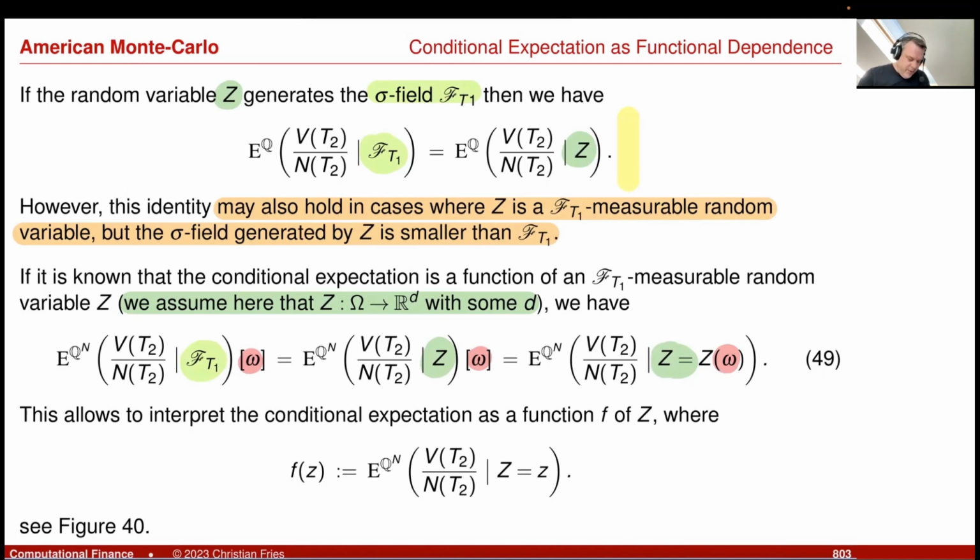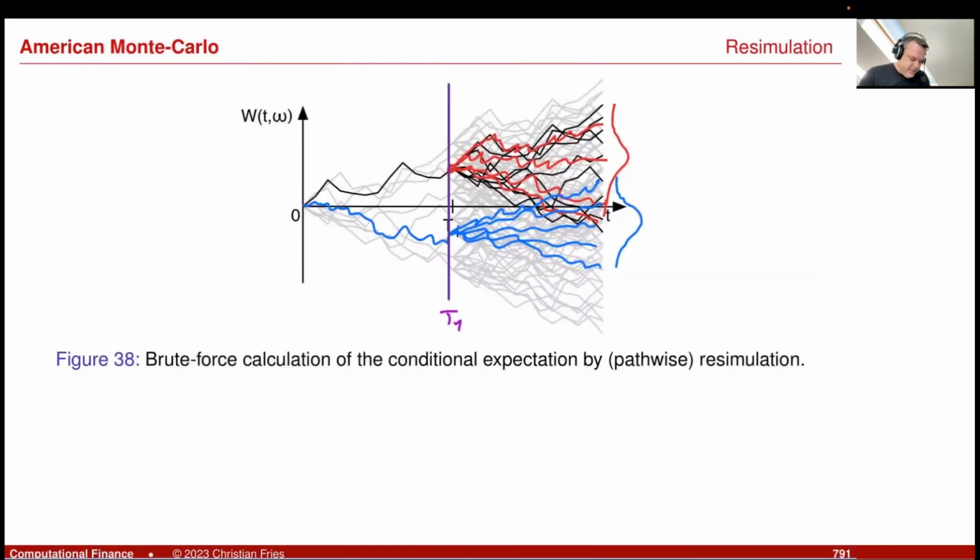If you go back to our picture with the resimulation, this is exactly what I'm doing here. Yeah. So if Z is my stock value, these sample paths here that I see here in the future, these are all the sample paths for which S has a specific value in time T1.